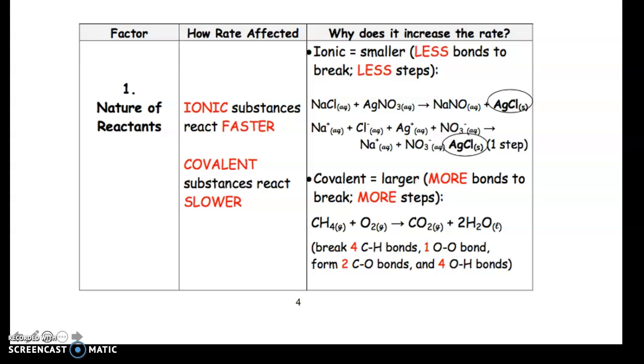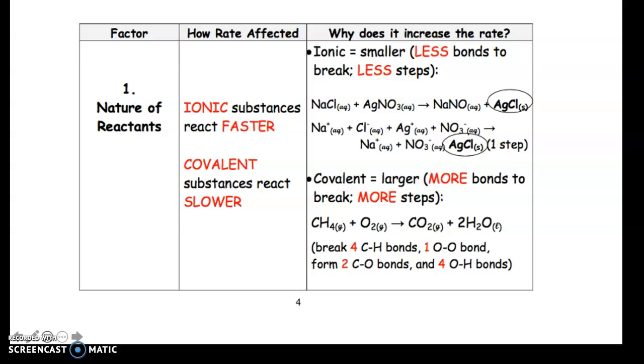Now, just a quick review of ionic and covalent for those of us that might be a little bit confused with those words. An ionic compound is a compound between a metal and a nonmetal where the valence electron is transferred. A covalent compound is a nonmetal and a nonmetal sharing valence electrons.